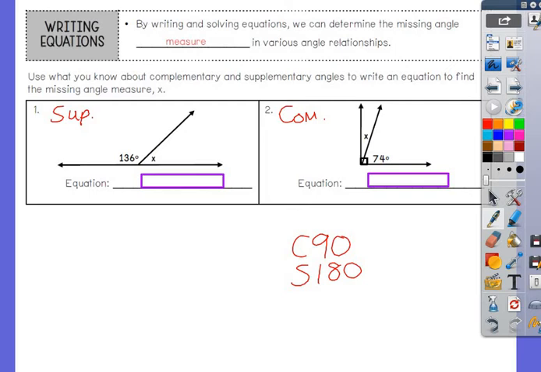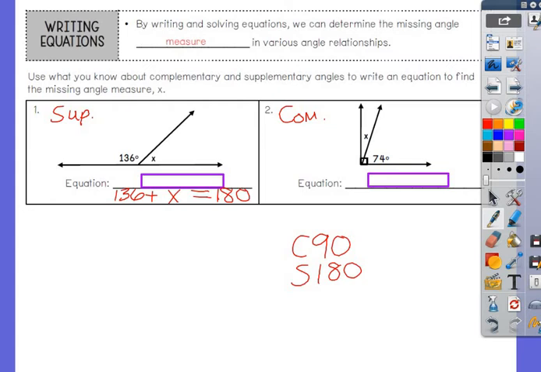Well, they don't want me to solve it, actually. All they want is an equation. Equations have what kind of symbol? An equal sign. And what do I know about supplementary angles? They equal 180. So what two things have to add up to 180 on this problem?